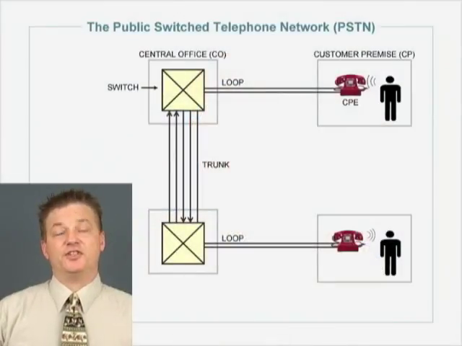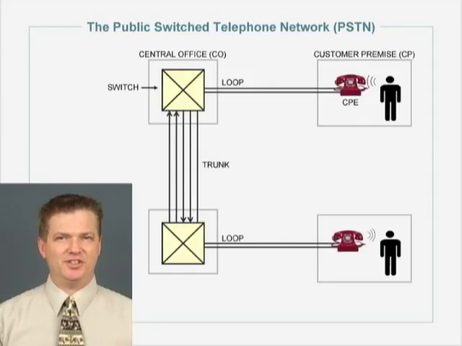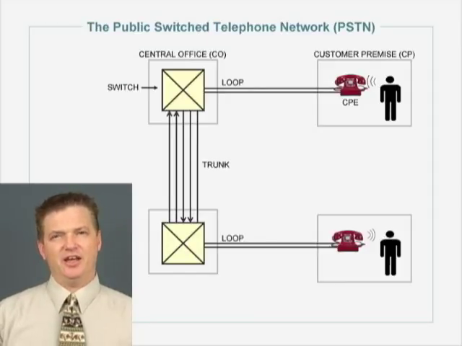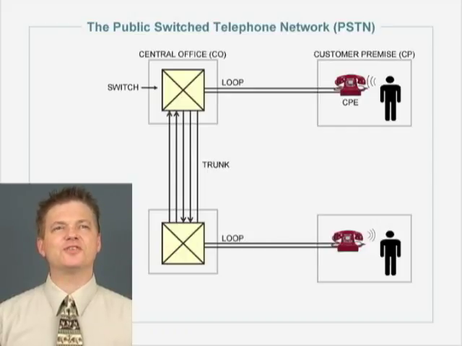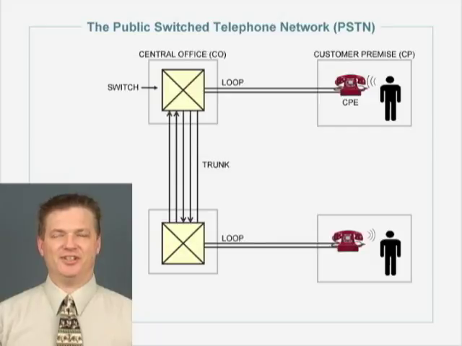The service that we normally offer residential customers on top of this network is called POTS, Plain Ordinary Telephone Service. It's also referred to as dial tone, and if you go visit your local regulator, you'll probably see it called Individual Residence Line Access Tariff or something silly like that.